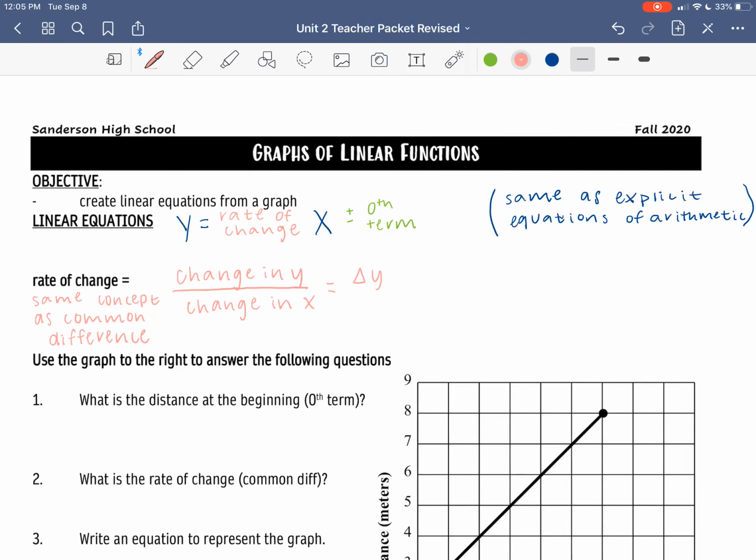Delta y over delta x is a notation that you may see. So the change in y over the change in x. When we have a positive rate of change, we are increasing. And when we have a negative rate of change, we are decreasing.